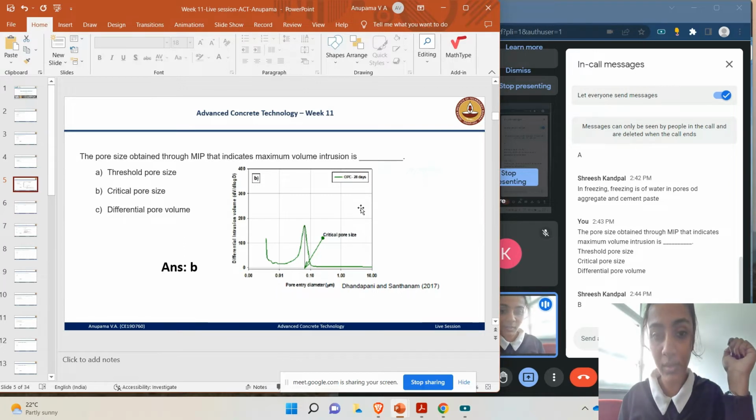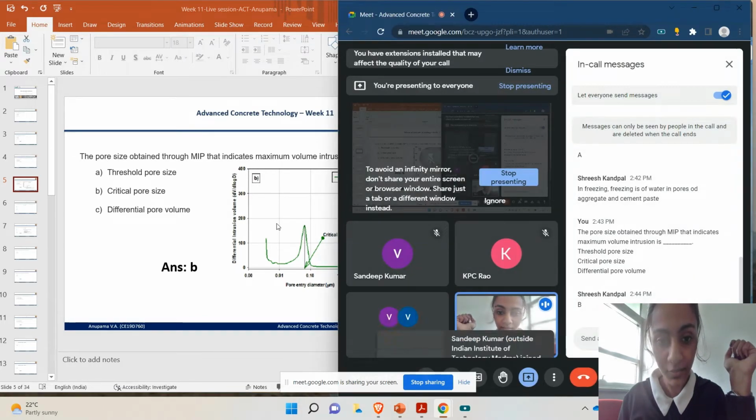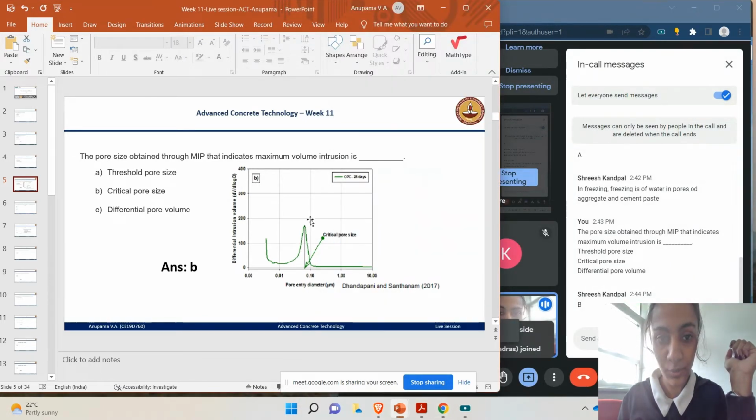So this is one typical graph which we can obtain through MIP. If you see, there is a differential pore volume graph. In this graph, you can see that the differential intrusion volume is on the y-axis and the pore diameter is on the x-axis.